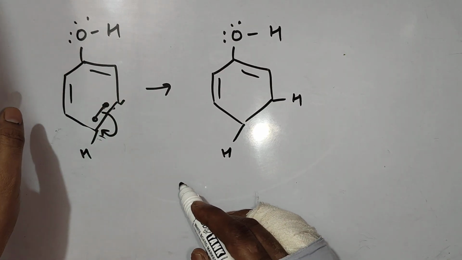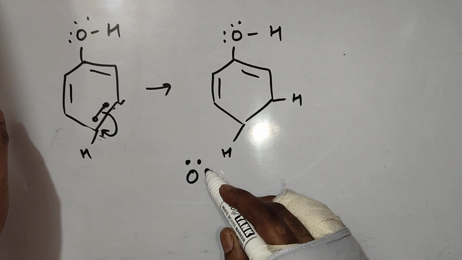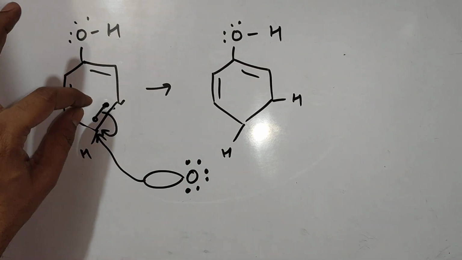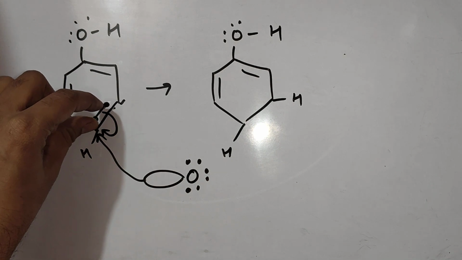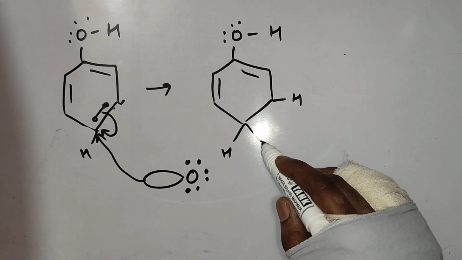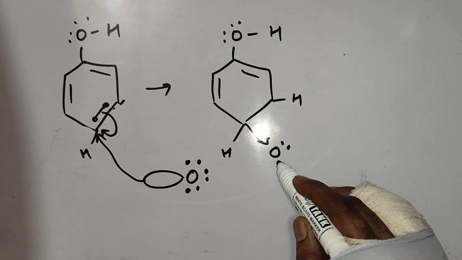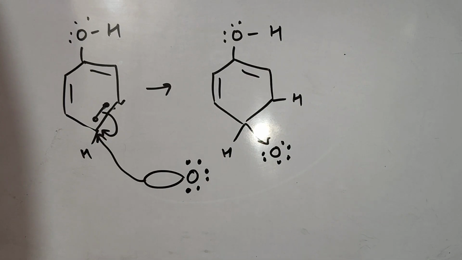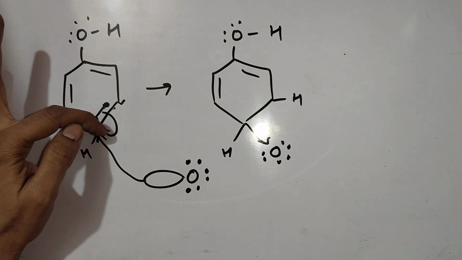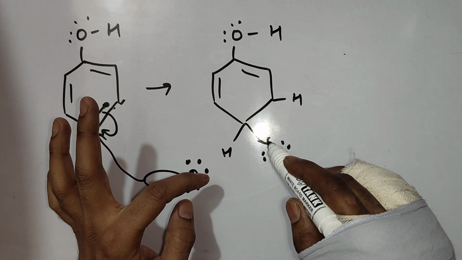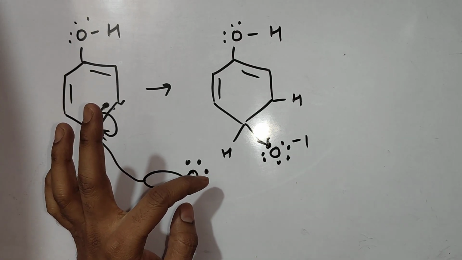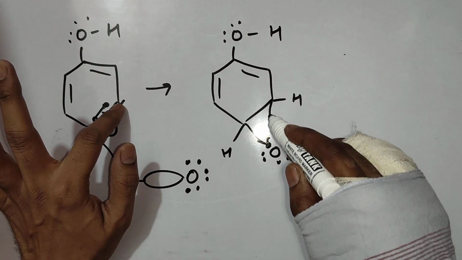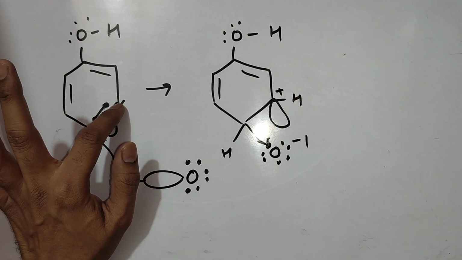Now this is the nascent oxygen, which has 3 pairs, with a vacant orbital, going to make a bond here. So this vacant orbital and these electrons will make a dative bond like this. When the dative bond is generated, obviously this electron will completely transfer toward oxygen. That's why this oxygen will carry a -1 charge. And this carbon has lost its electron, so on it a vacant orbital will generate with a +1 charge.